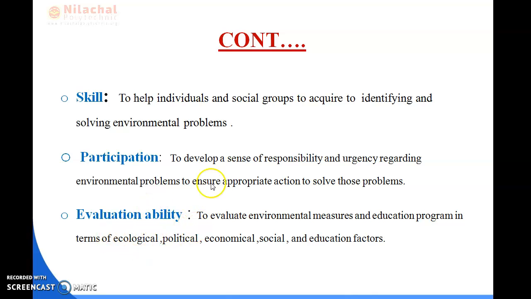After evaluating the environmental measures, the education program will help to create improvement and a healthy environment. In this way, the ecological, political, economic, social and educational factors can help to evaluate our environmental measures. So this is all about the objectives of environmental study.